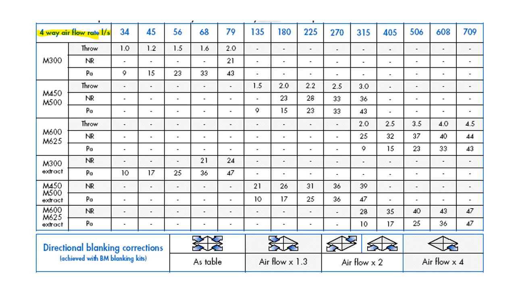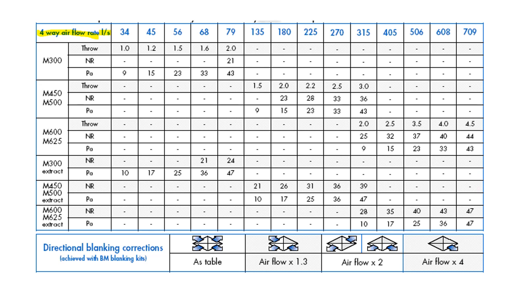So from this table, you will first have to know the diffuser layout. Why? Because if you know how many diffusers are used in the layout, then you can divide this airflow rate in liters per second by the number of diffusers used.